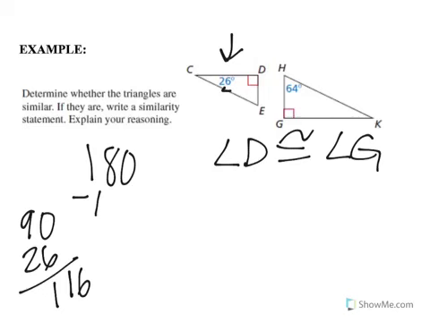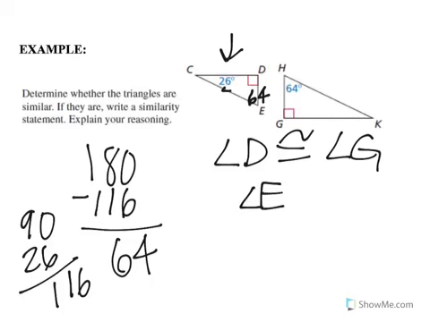And we can subtract that from our 180 to find the measure of that other angle. It gives us 64 degrees. So angle E is 64 degrees. So if we look at angle E and angle H over there, they would also be congruent. So we can say that angle E is congruent to angle H.